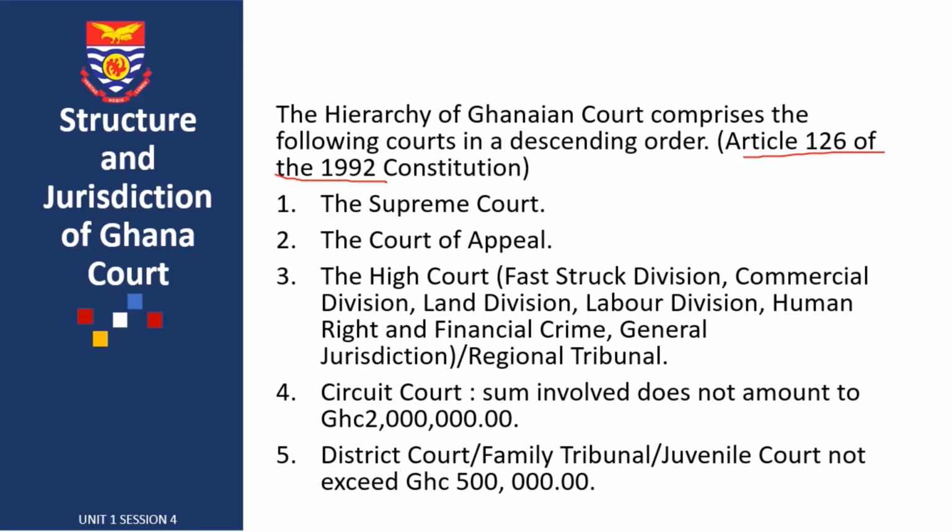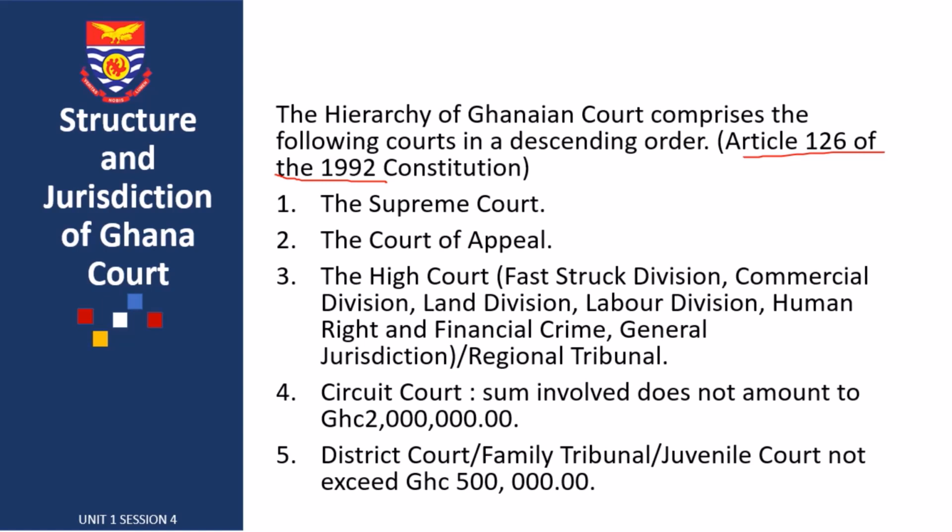We have the fast track division, commercial division, land division, labor division, human rights division, financial crime division, and the general jurisdiction division. The names tell you the kind of case that particular division handles. So the land division handles land matters.